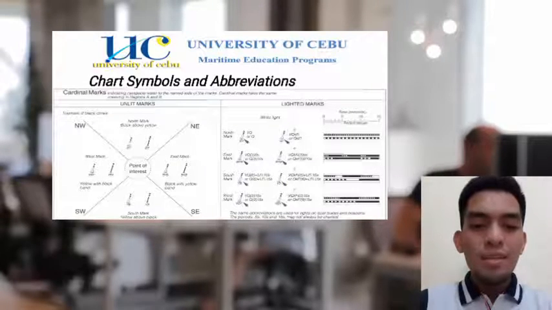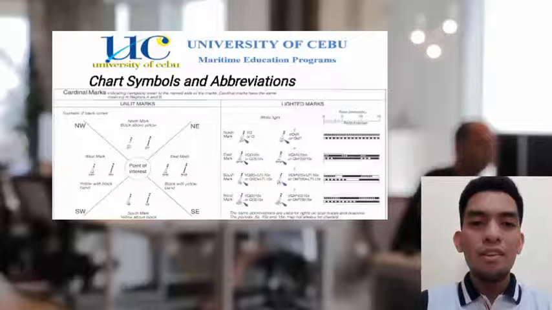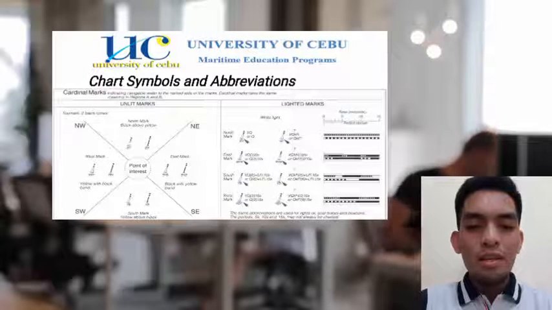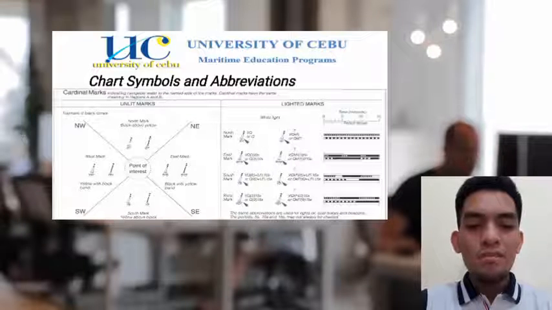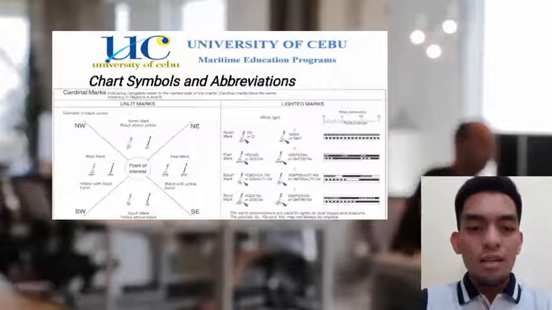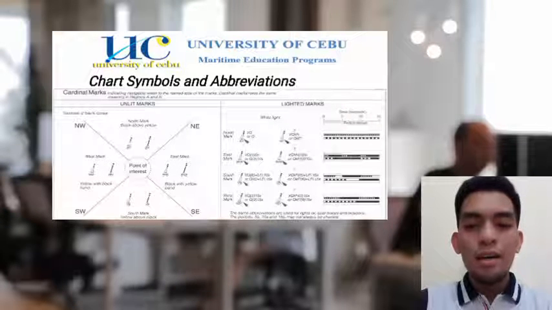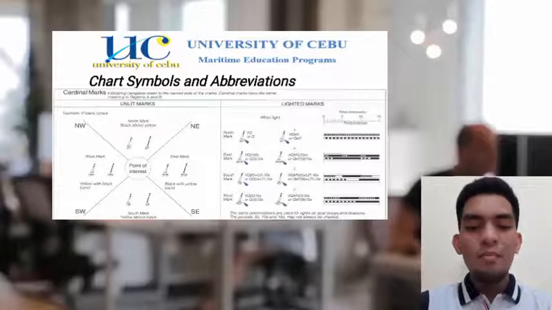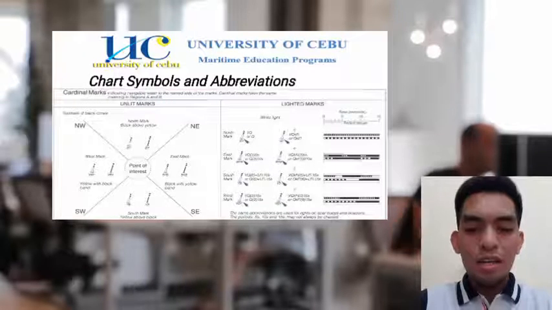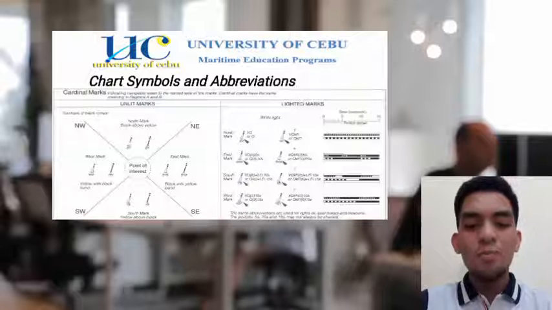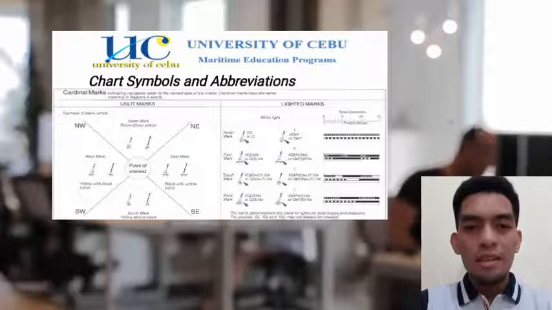The distinguishing quick or very quick rhythms are uninterrupted in the north mark, 6 flashes in a group followed by a long flash in the south mark, 3 flashes in a group in the east mark, and 9 flashes in a group in the west mark. Each quadrant has the black double cone top marks. It is a very important feature of cardinal marks, as large as possible and clearly separated.